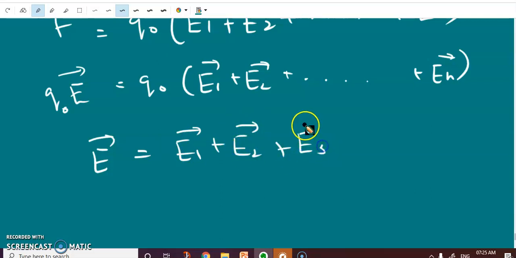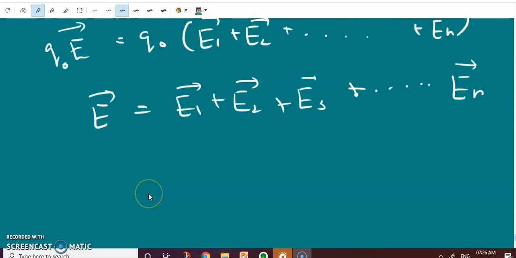So which means that the electric field obeys the principle of superposition. So we can say that the resultant electric field acting at any point due to a system of charges is the vector sum of the individual electric fields acting on it.